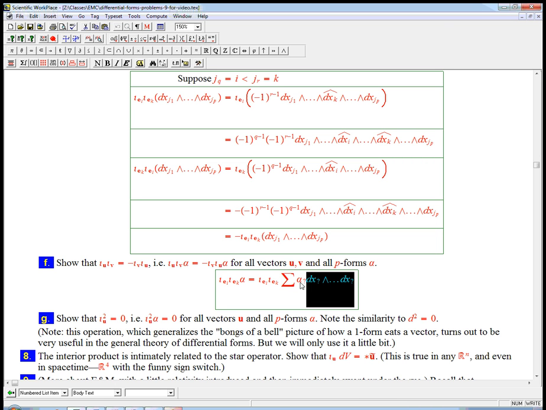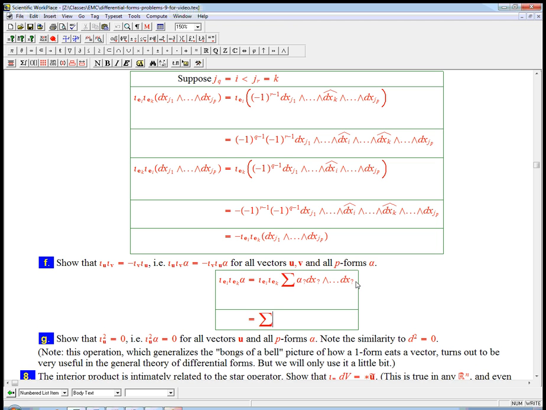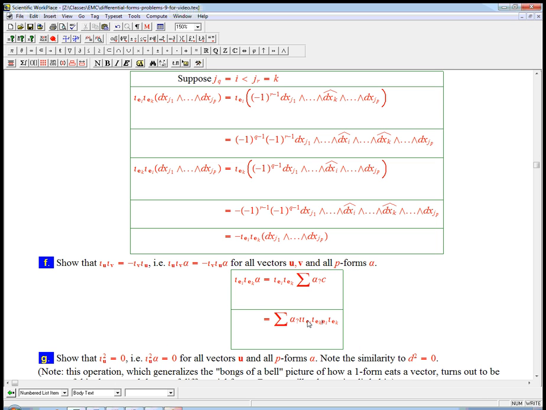Well, whatever these coefficients are, these are just numbers. These are going to come out. The sum is going to come out. That's what it means to say that the i's are linear. And what we're going to get is the sum of the various alphas, who cares about the bookkeeping, times i_ek on the dx's.